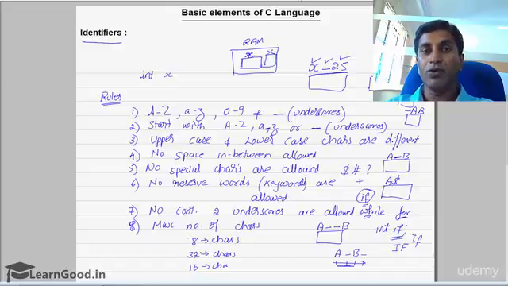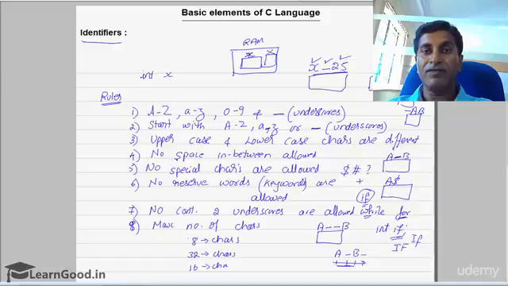So these are the different rules of specifying an identifier. Repeat once again, an identifier can be a combination of alphabets, digits, and underscores. It has to start either with an alphabet or an underscore. You can have uppercase as well as lowercase. It's a case sensitive programming language. So for that reason, uppercase identifiers and lowercase identifiers are going to be different.